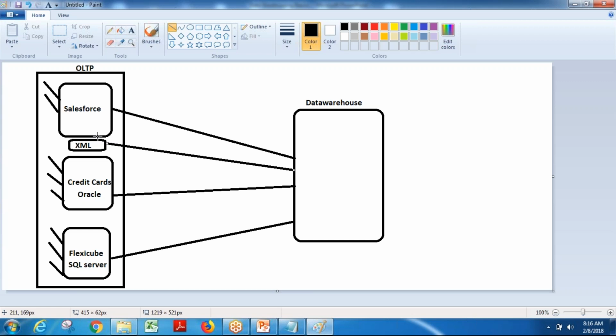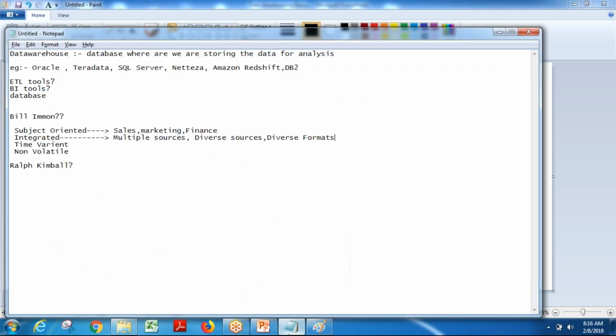Maybe you can see the last 6 or 8 transactions you performed in an ATM. But if you want to see what my transactions were in the last year or last quarter, you'll not be able to see the historical data in the transactional systems. So no history will be present in the transactional system.